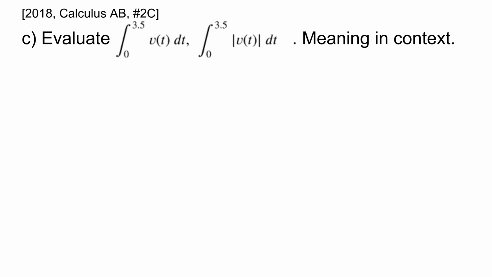In part C of this question, we are asked to evaluate the integral from 0 to 3.5 of v of t dt and the integral from 0 to 3.5 of the absolute value of v of t dt, and to explain their meaning in the context of the problem.